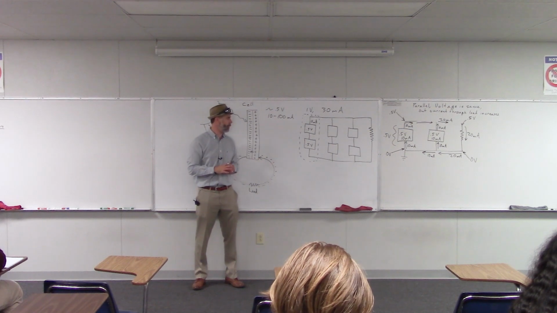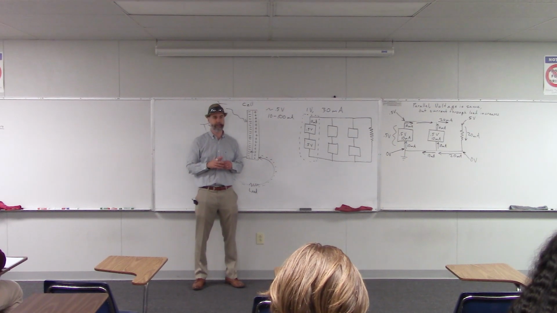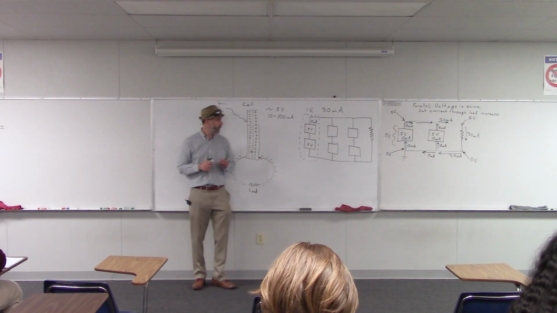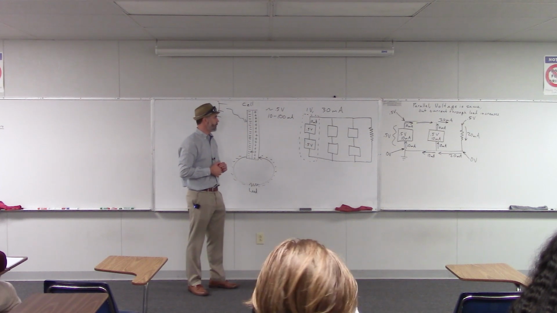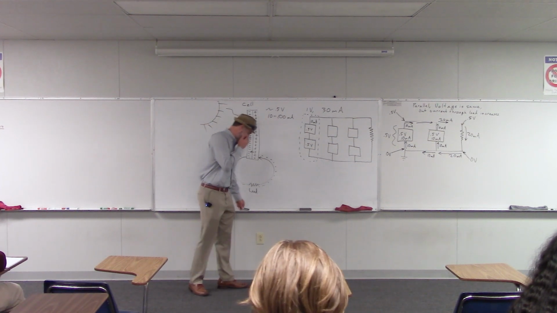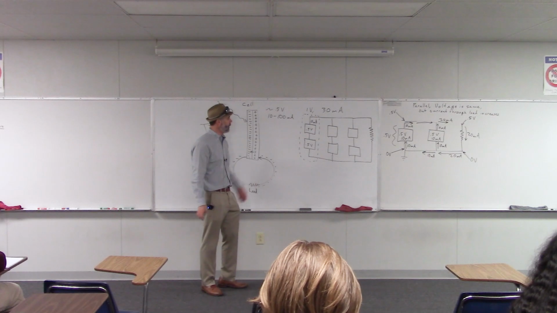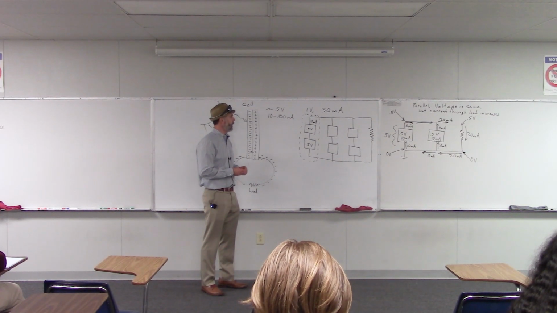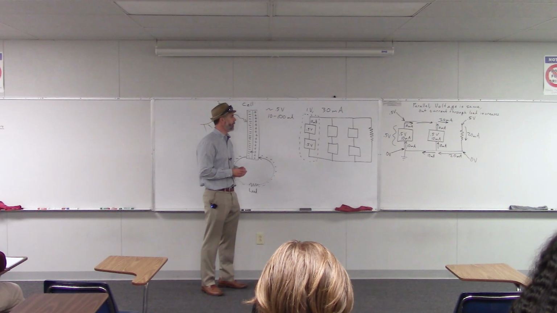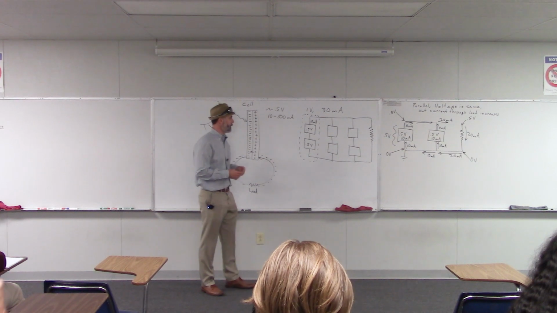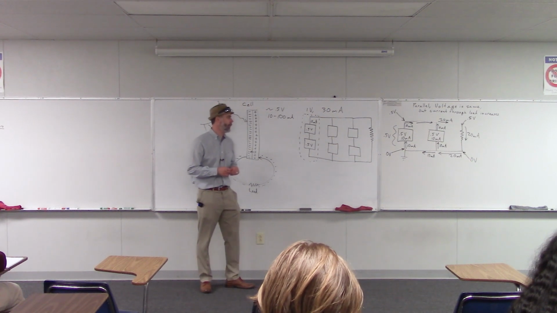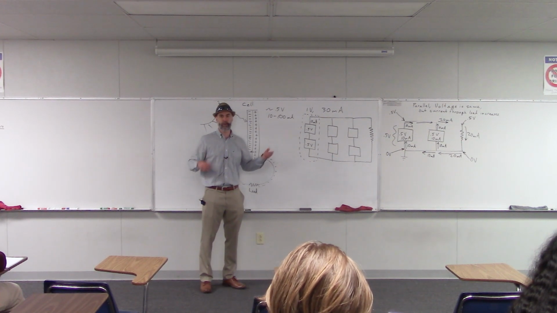So any questions about that? Okay, cool. So this is how you can put cells together in order to create panels. But you can use exactly the same logic to put panels together in order to create larger arrays.